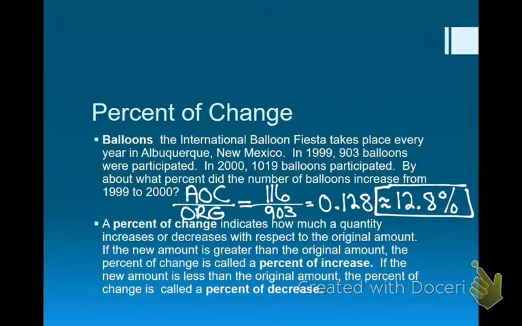I would be okay with that, but because we went out 3 decimal places and it's not the same number repeating, 12.8% would probably be the more accurate answer. Because we rounded, if you ended up rounding to the nearest percentage, that would be okay also. This whole idea of the amount of change divided by the original is really what we're going to spend the majority of our class hour today talking about.